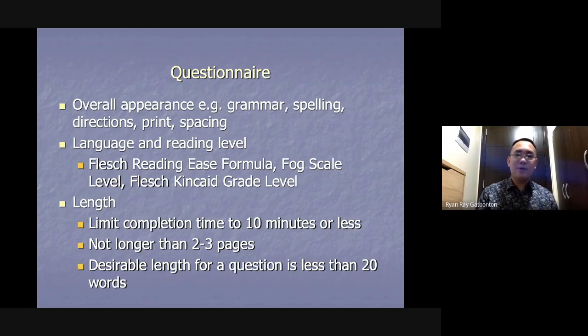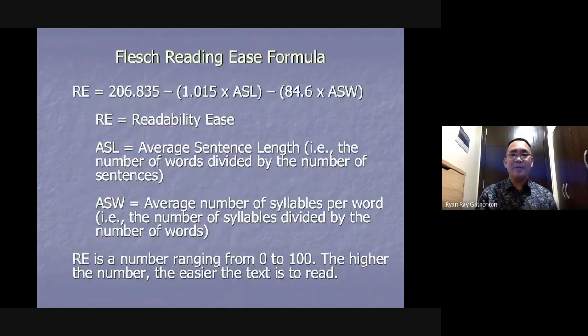You are asking questions and collecting data from a voluntary respondent. If you require them to read a question that is more than 20 words, chances are they will disregard your questionnaire. So here are some of the readability statistics. I will not ask you to compute for readability statistics.